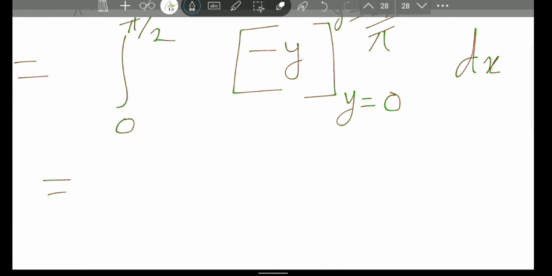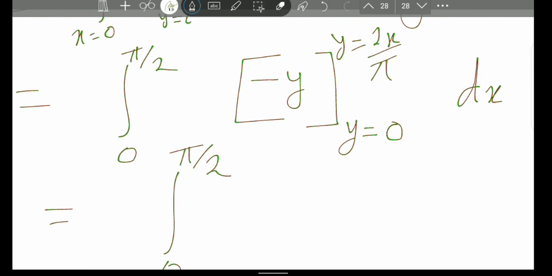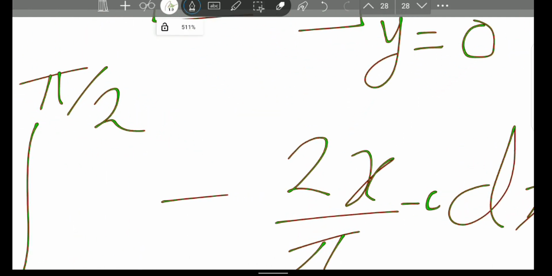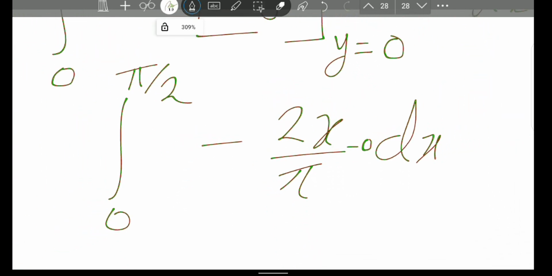If we write those values, you get minus 2x by pi dx. The lower limit y equal to 0 gives minus 0, which we need not write.